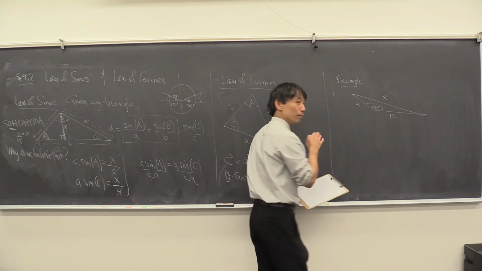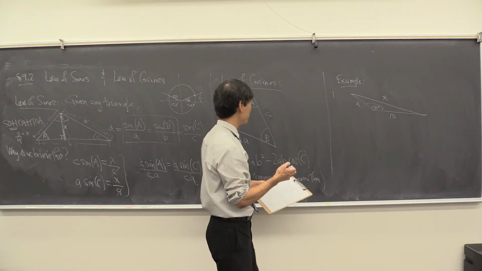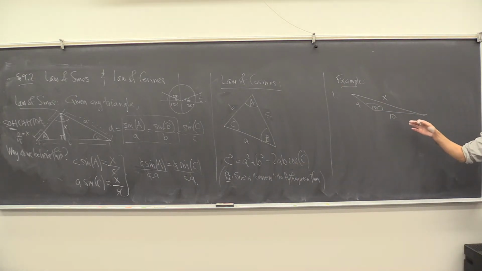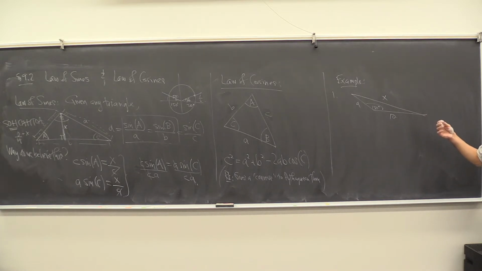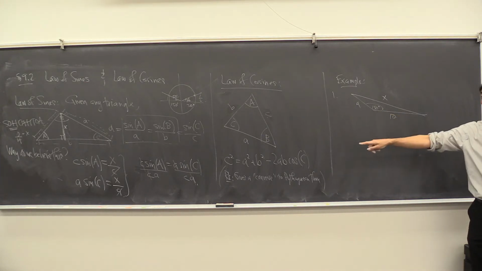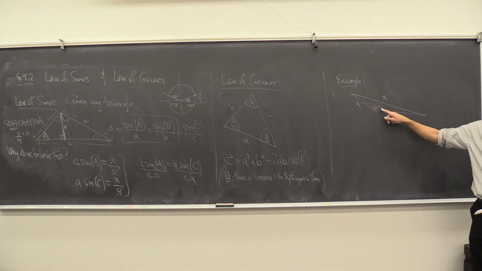Okay, so anybody see how to do it? What are we going to use as our C? We have only one angle here, so this is going to be that capital C.